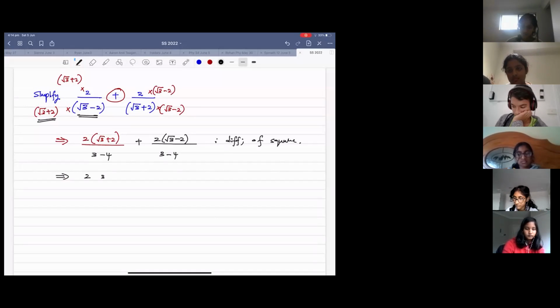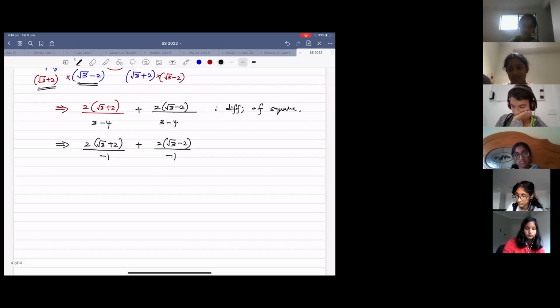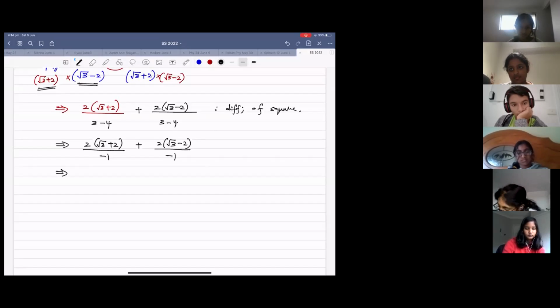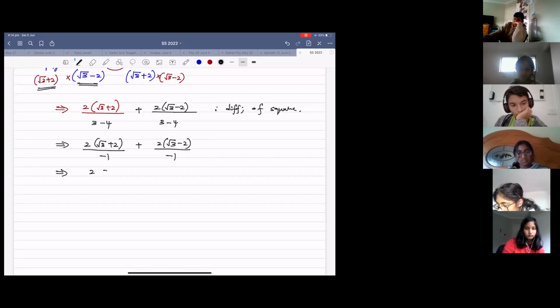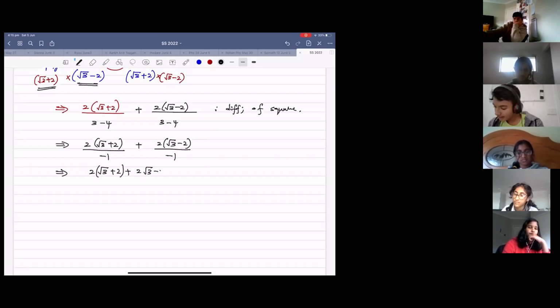The denominator becomes minus 1. Then denominators are equal. So you can really add, right? So 2 square root 3 plus 2 plus 2 square root 3 minus 2. Then denominator you have minus 1.